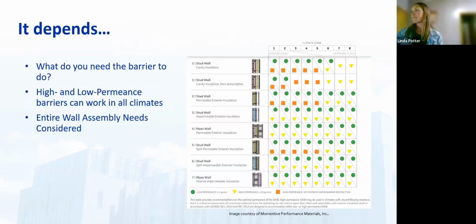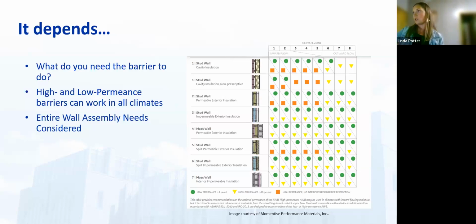So inward flow is the bottom, outward flow is the top. So it's saying in climate 1, in the stud wall here, if I want my vapor to flow outward, I'm going to use a low permeance barrier. If I want my flow to go inward, I'm going to use a high performance, no interior vapor restriction.